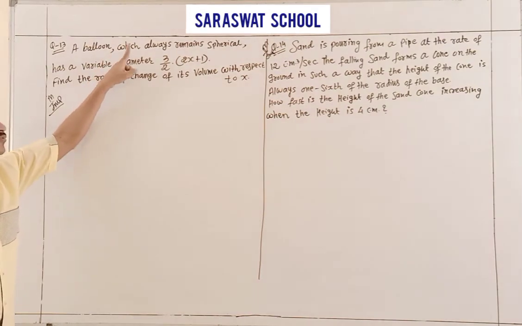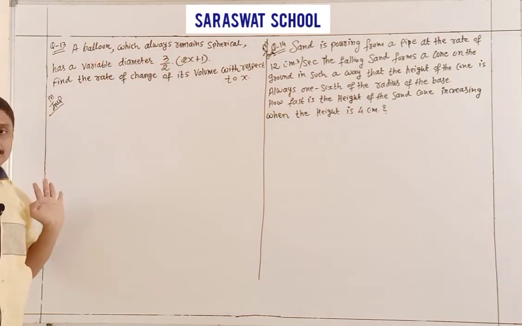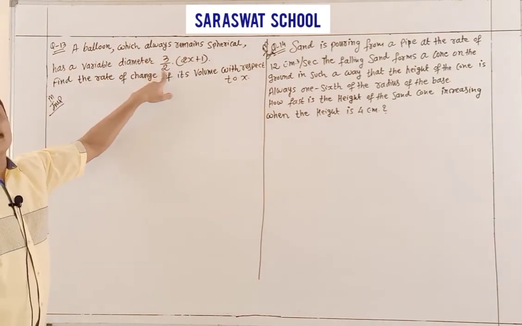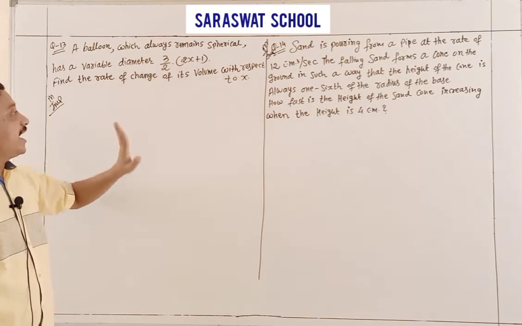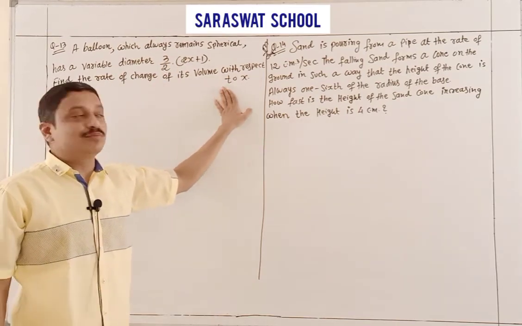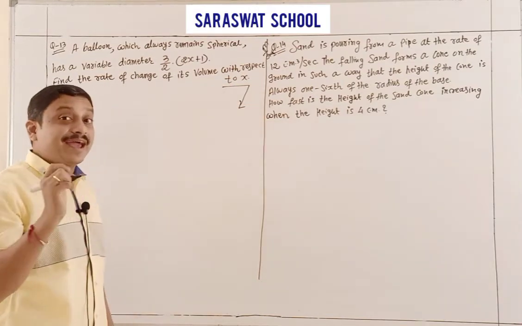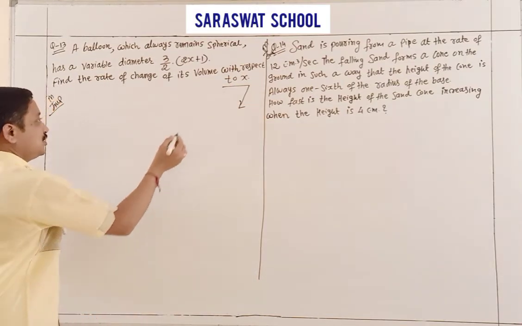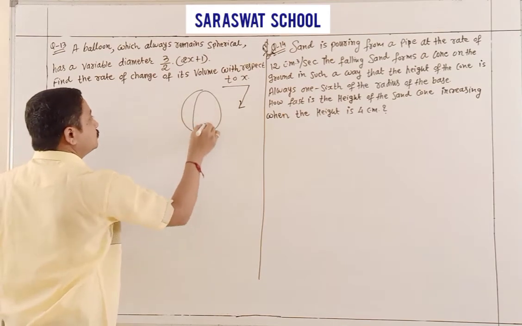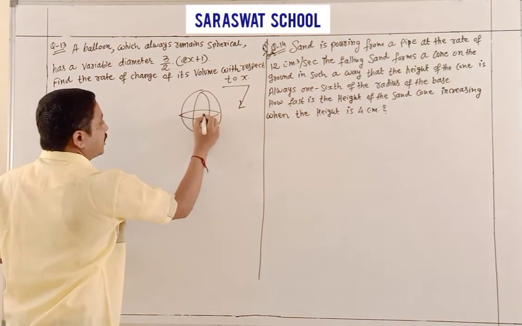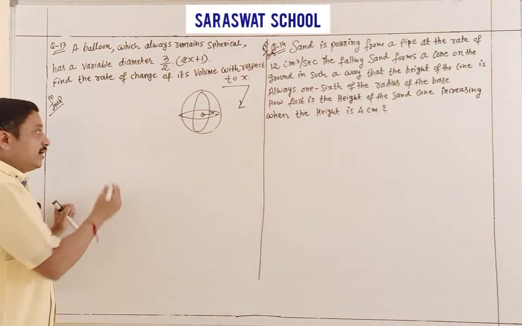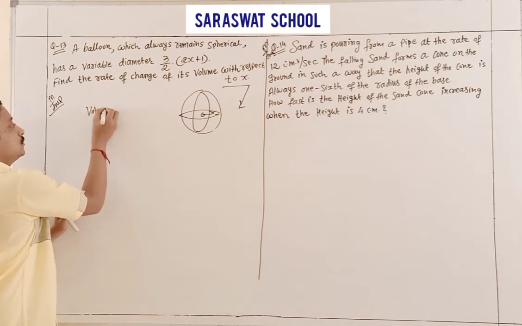A balloon which always remains spherical has a diameter given as 3 by 2 times (2x plus 1), and we are asked the rate of change of volume with respect to x. Yes, students, this is your spherical balloon and the radius is given. You know the volume formula?